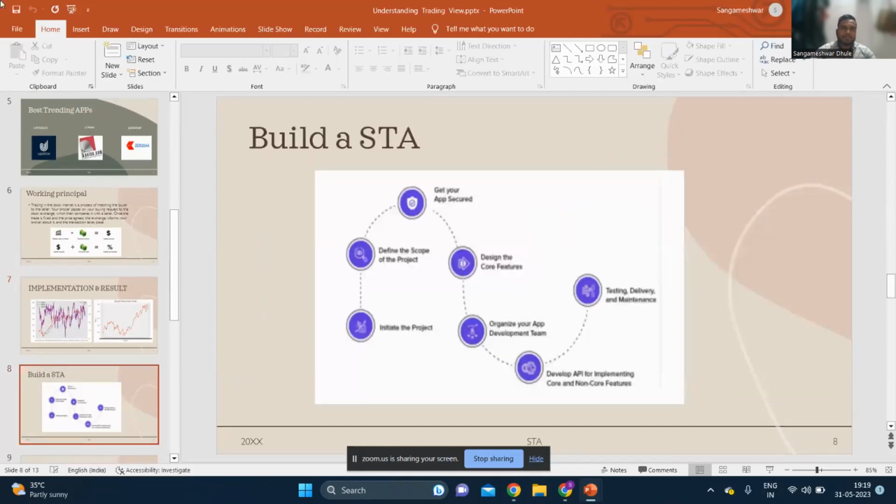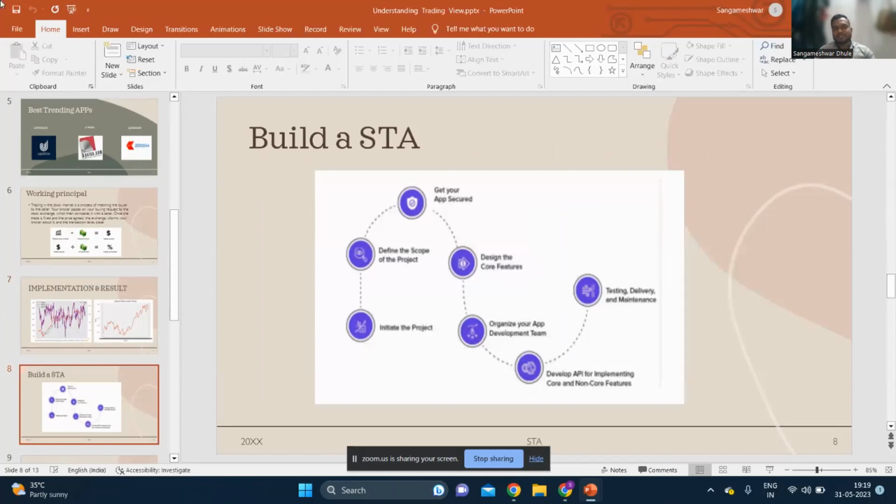So here is how we can build an STA. Let's see. First of all, we have to initiate our project. Then definitely we have to define the scope of the project, like how far the project will go. And the main thing is our security, so we have to work definitely on it.